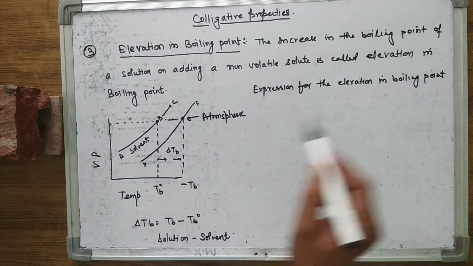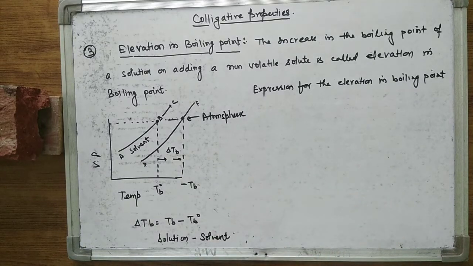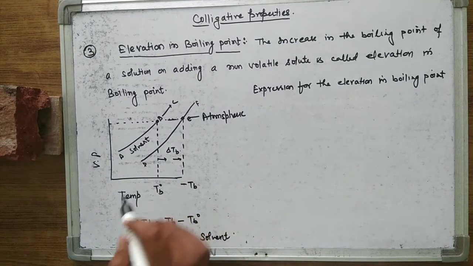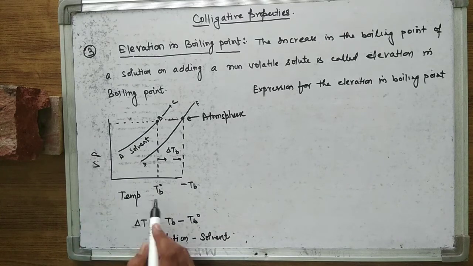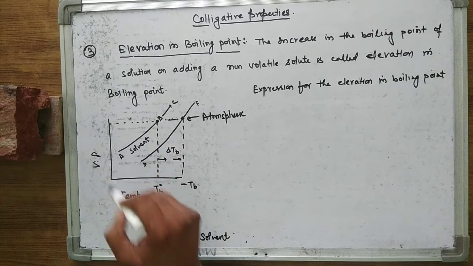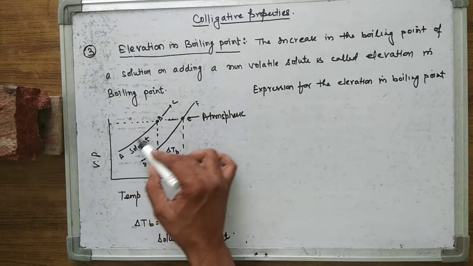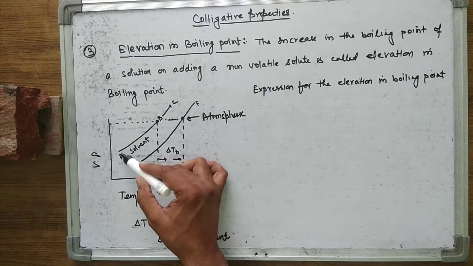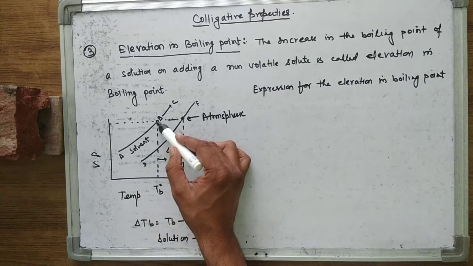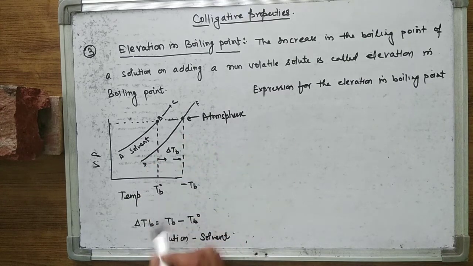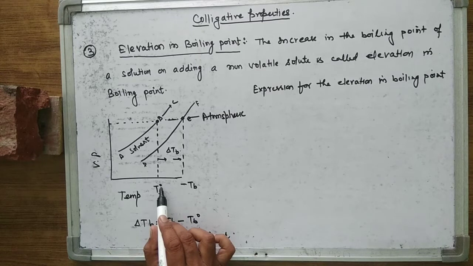Now elevation in boiling point we can understand with the help of a graph between vapor pressure and temperature. First we plot a graph between vapor pressure and temperature for a pure solvent, just like water. Water boils at 100 degrees. This boiling point of water is noted as Tb naught.